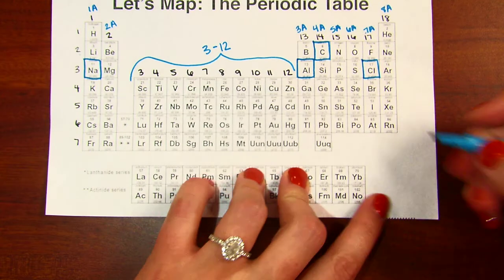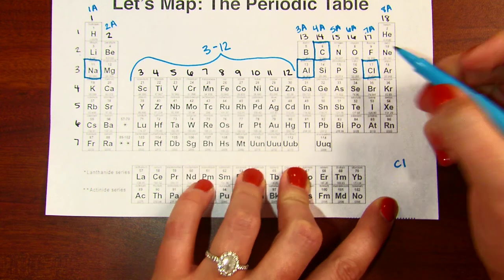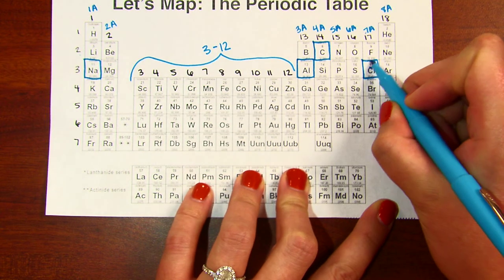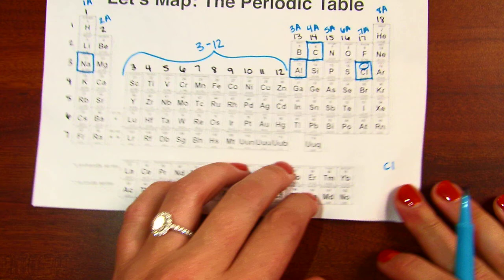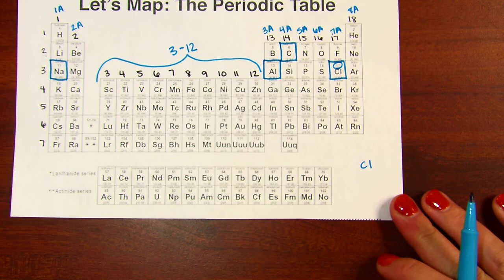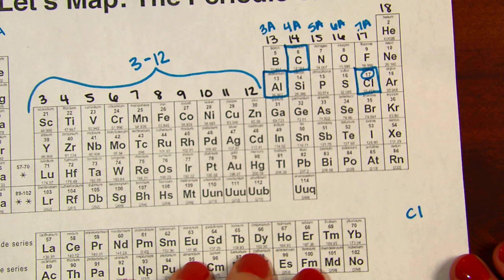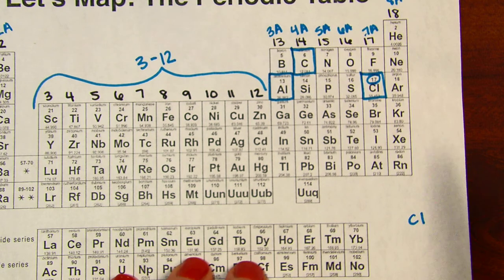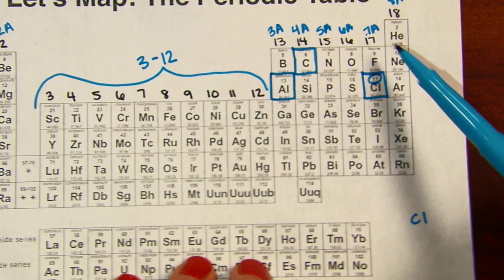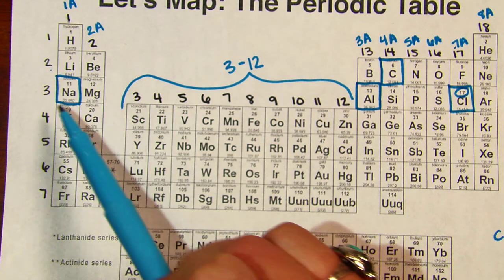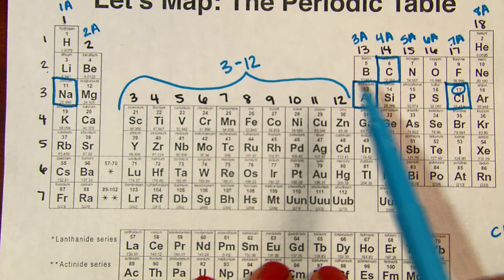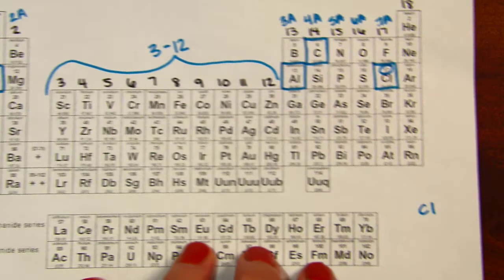So chlorine's number is 17, which means that it has 17 protons and 17 electrons. My periodic table tells me that it should have 7 valence electrons, and it's in period 3, so it should have 3 orbitals. So let's see if that's true.